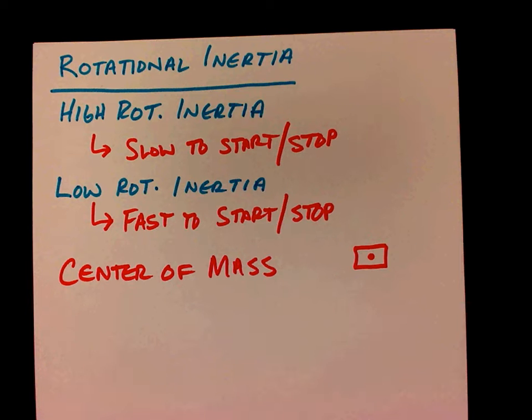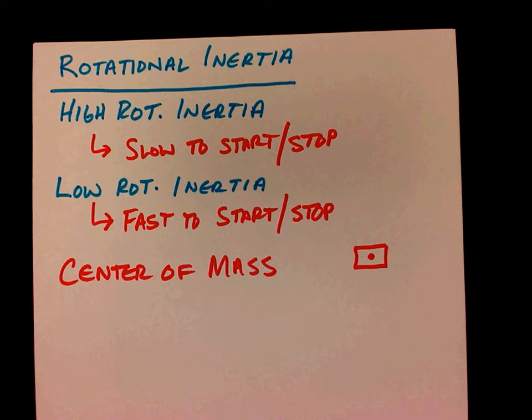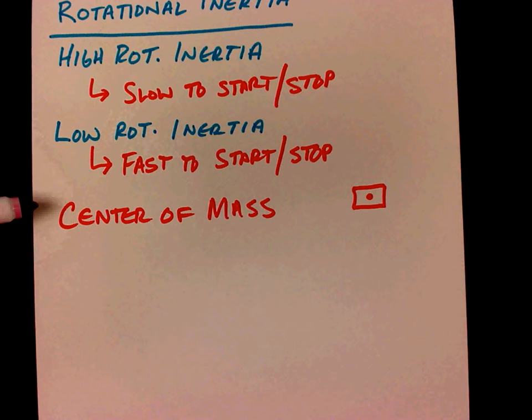And so there are certain objects that will have high rotational inertia and some that will have low. And we're going to look at three specific types of examples, three specific objects that will deal with center of mass. We'll also in class go through a bunch of little mini labs and things to get the idea for center of mass.